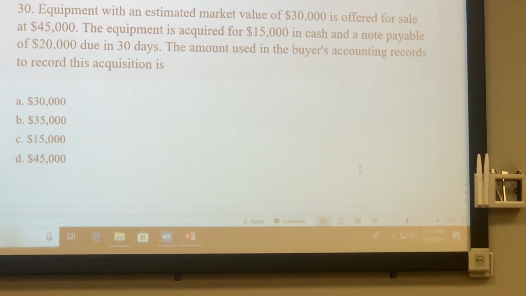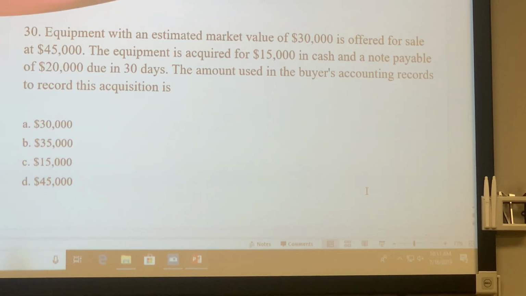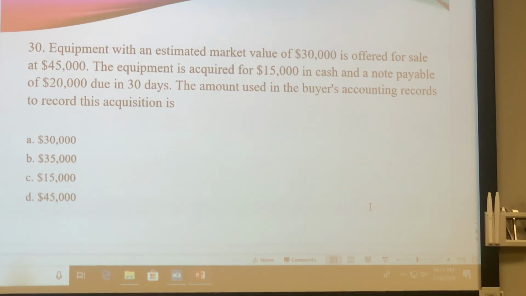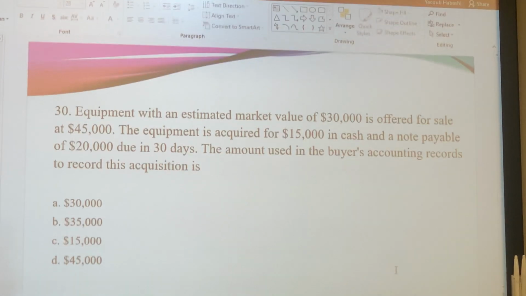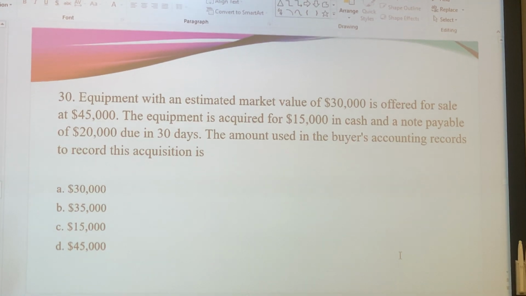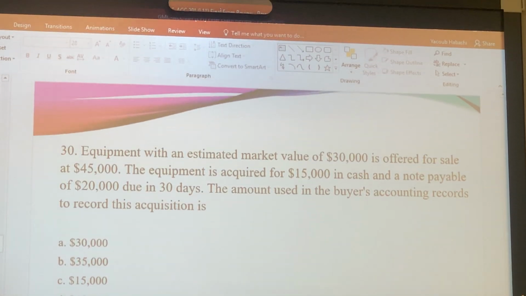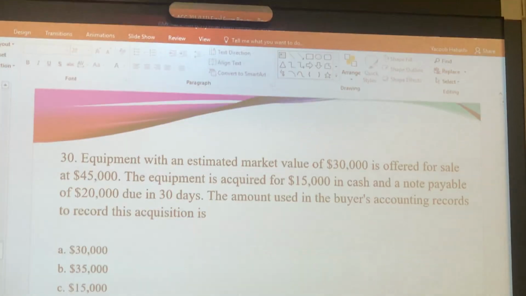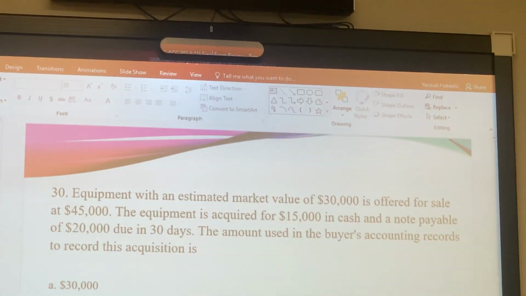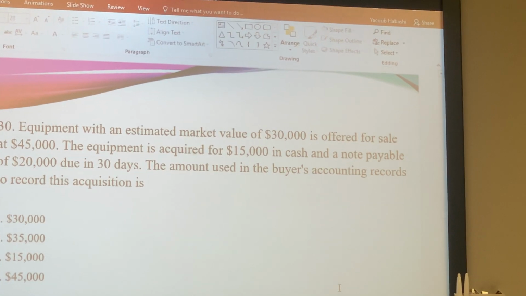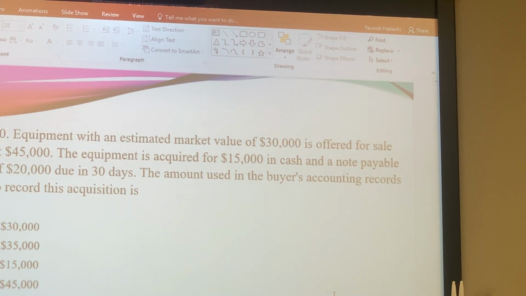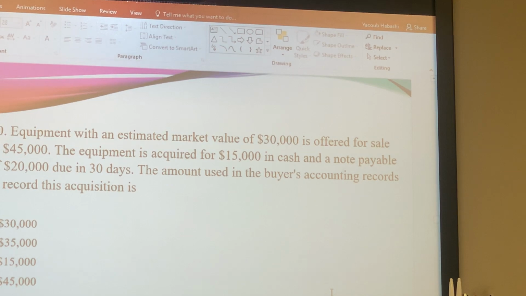Who can read? Equipment with an estimated market value of $30,000 is offered for sale at $45,000. The equipment is acquired for $15,000 in cash and a note payable of $20,000 due in 30 days. The amount used in the buyer's accounting records to record this acquisition is A, $30,000, B, $35,000, C, $15,000, or D, $45,000.